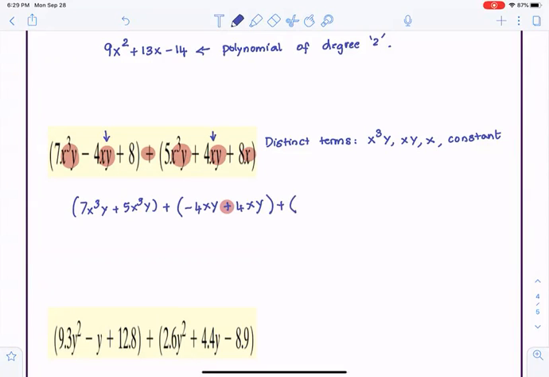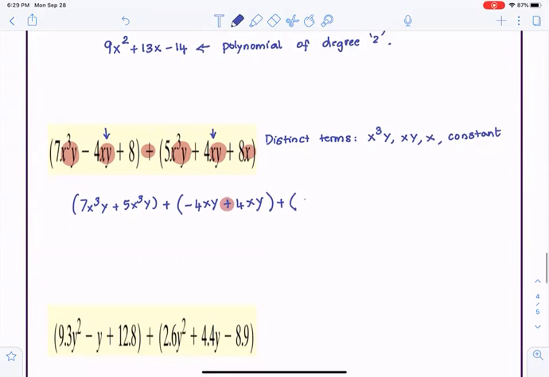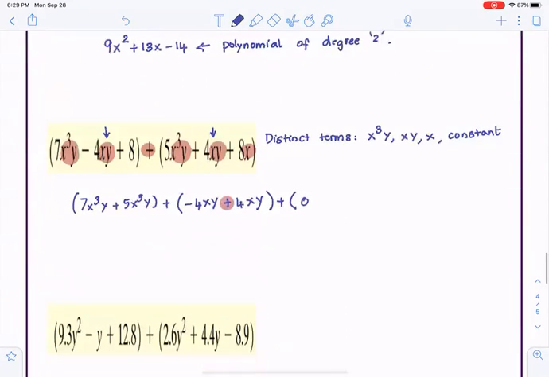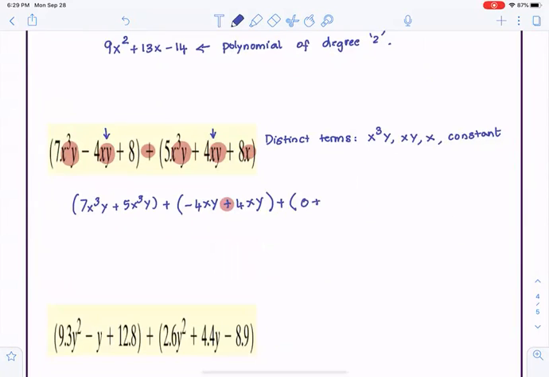There is no x term in the first polynomial, so I'm going to put 0. Plus, the second polynomial has 8x, so I'm going to put in 8x. The last one would be the constant term. The first polynomial has 8 as a constant. The second polynomial doesn't have a constant, so I'd put 0.